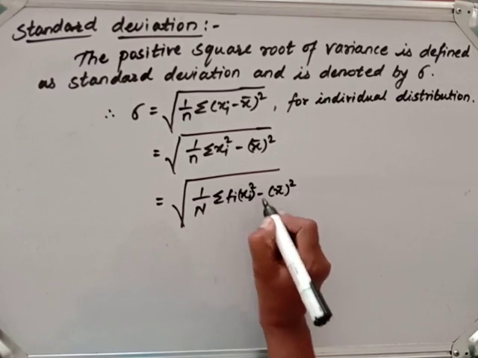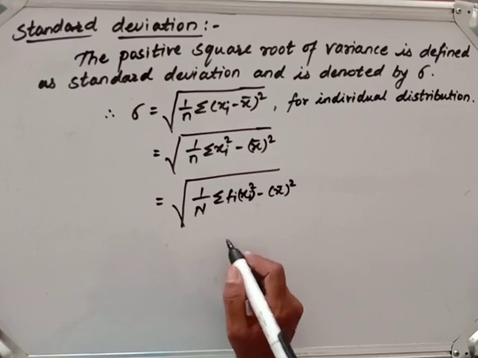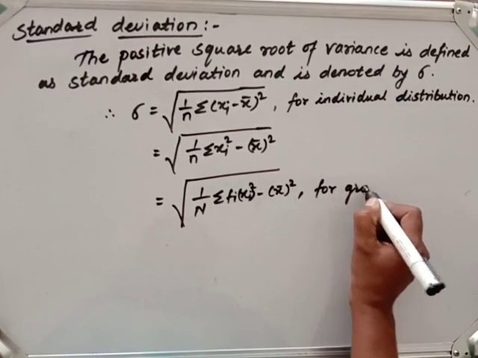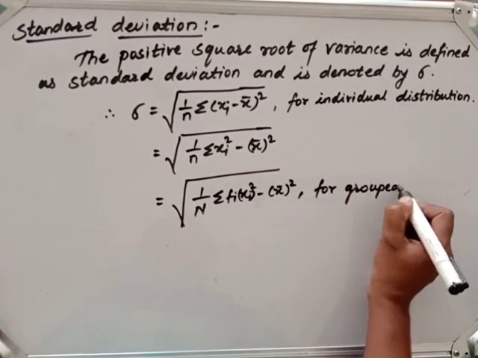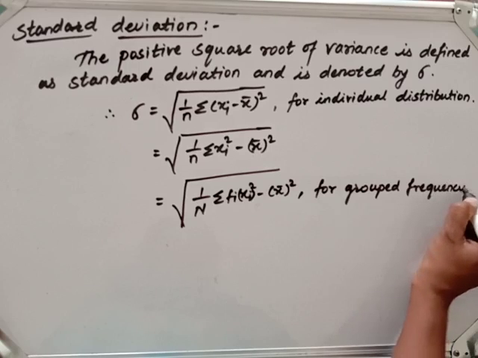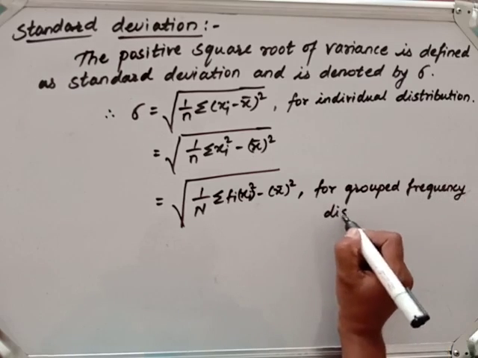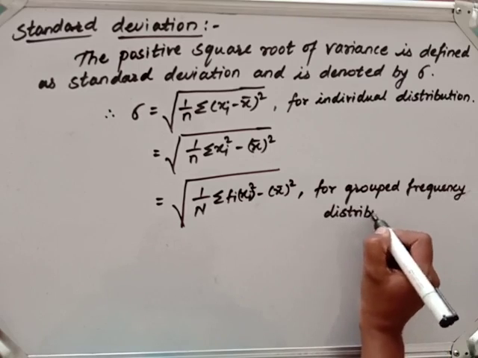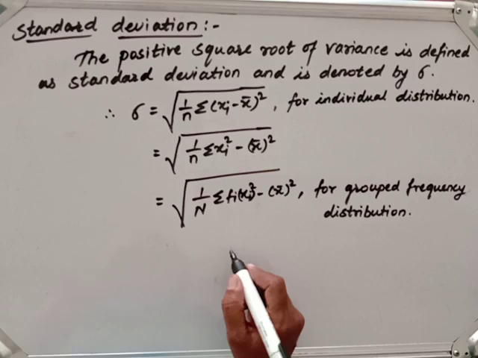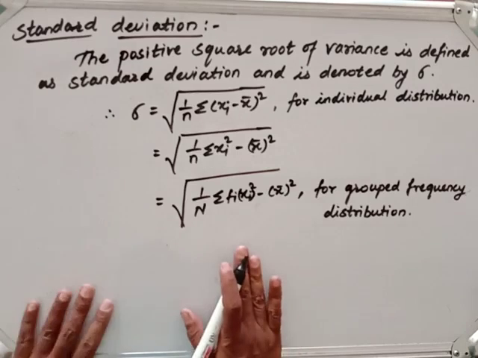Here only this xi square, remember this thing. And this is for what? For grouped frequency distribution. Now this is about the standard deviation.